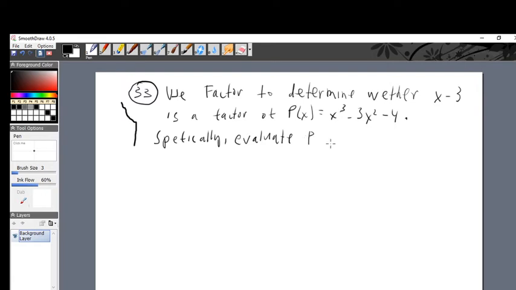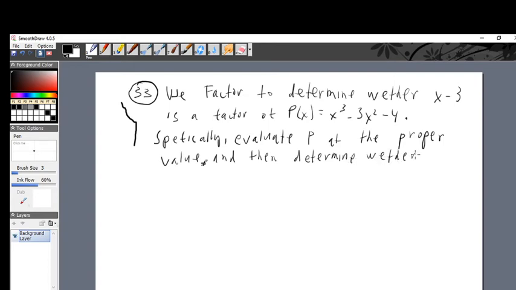Anyway, evaluate p at the proper value, and then determine whether x minus 3 is a factor of the polynomial p of x.